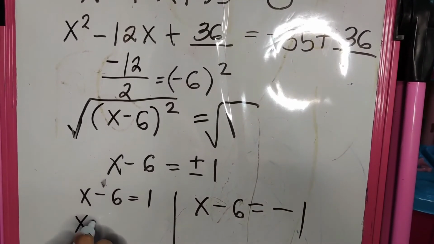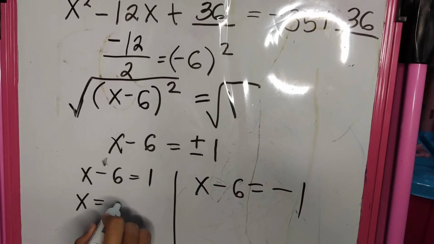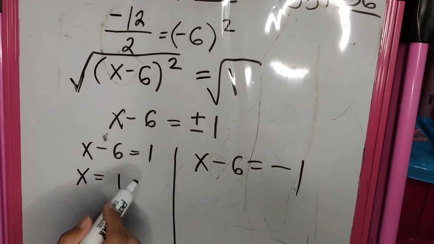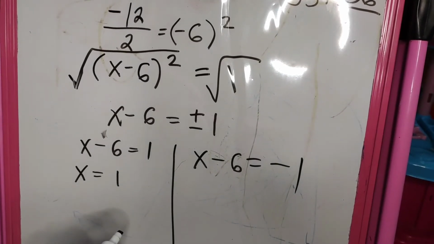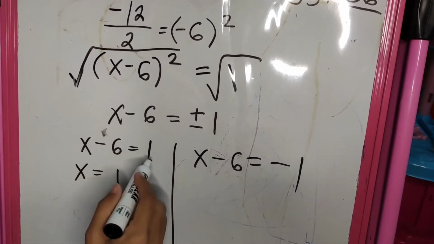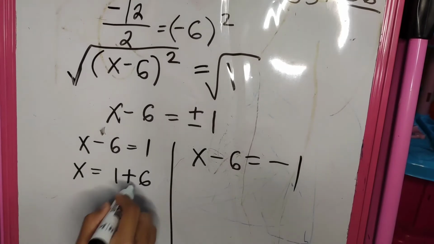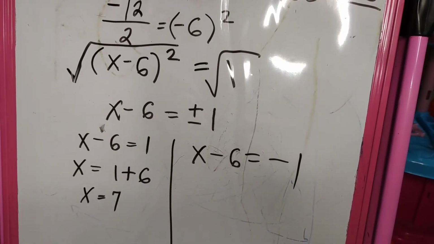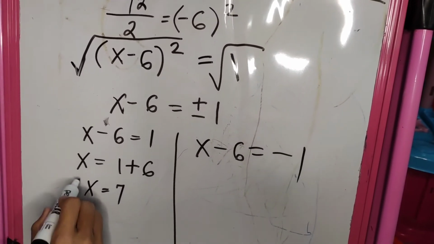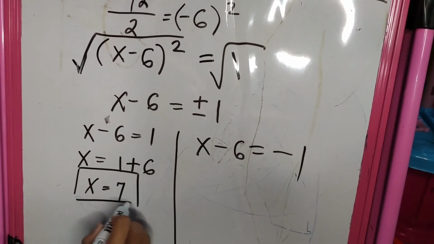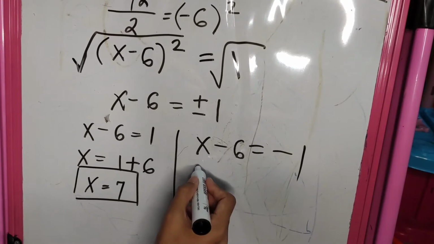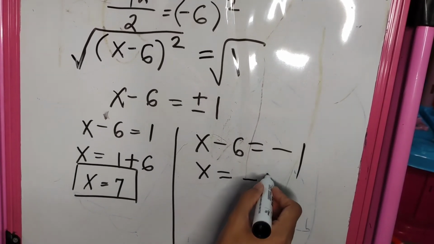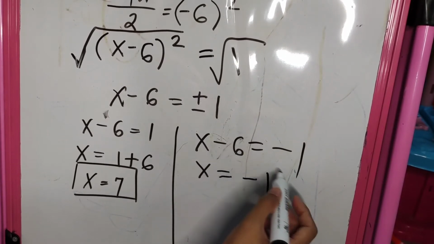We have x is equal to positive 1, transpose negative 6 or use the addition property of equality, add 6 on both sides, it will give us positive 6. So x is equal to 7. So our first solution is x is equal to 7. On the other hand, we have x is equal to negative 1 and then transpose negative 6.